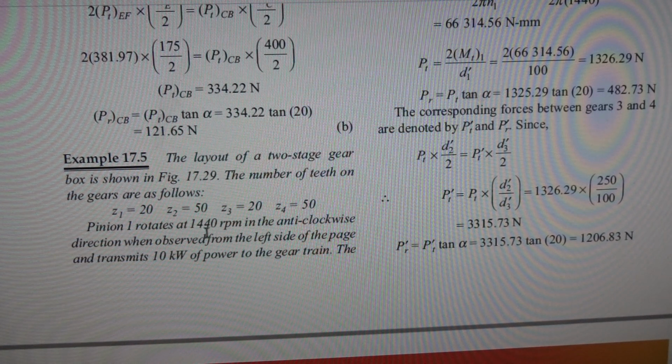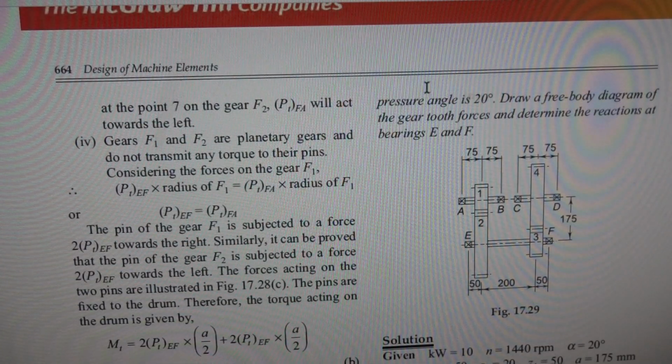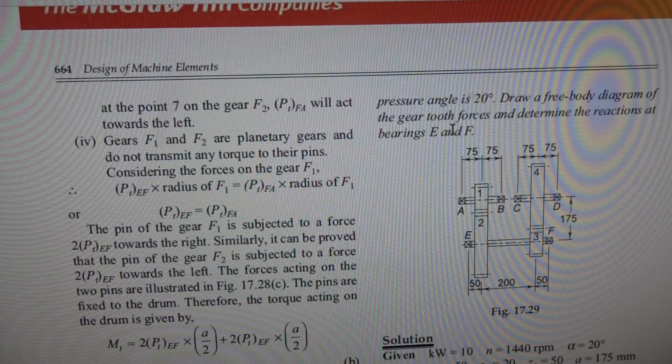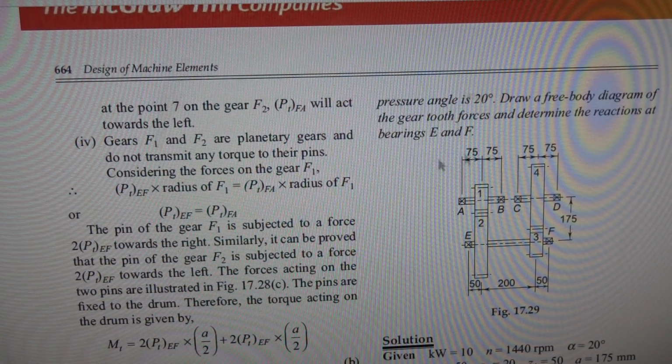Pinion 1 rotates at 1440 rpm in the anti-clockwise direction when observed from the left hand side of the page and transmits 10 kilowatt of power to the gear train. The pressure angle is 20 degrees. Draw the free body diagram of the gear tooth forces and determine the reactions at the bearings E and F.